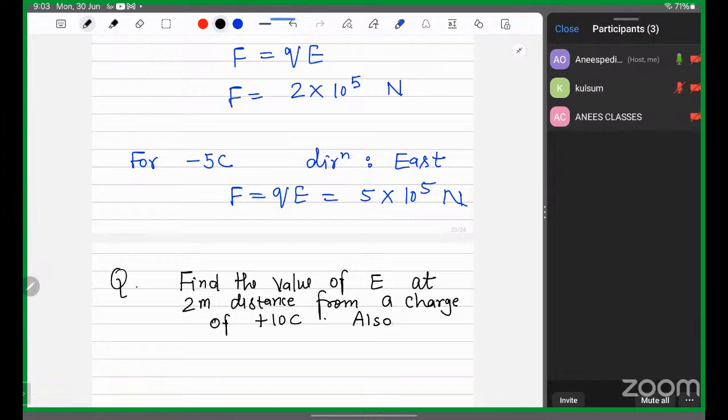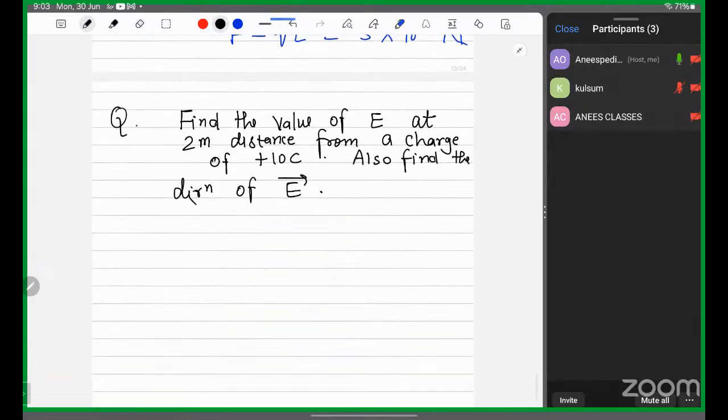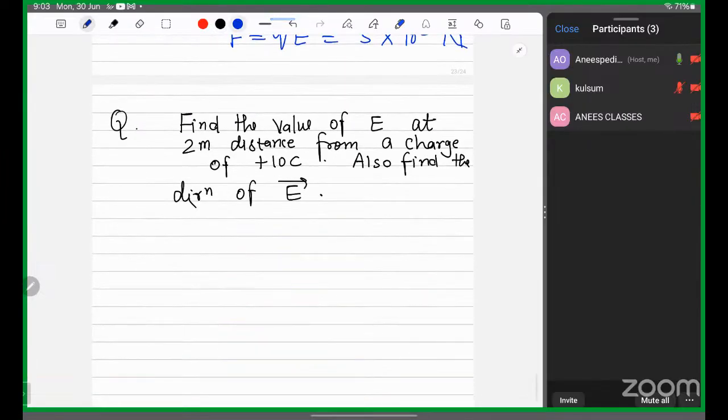Also find the direction of electric field E. Tell me, how will we do this?